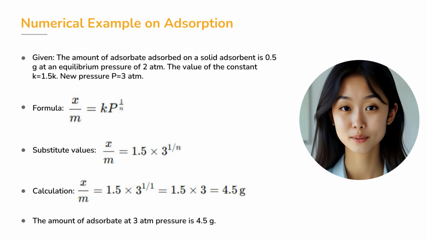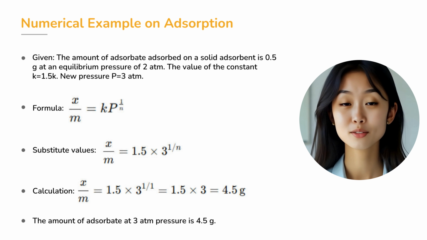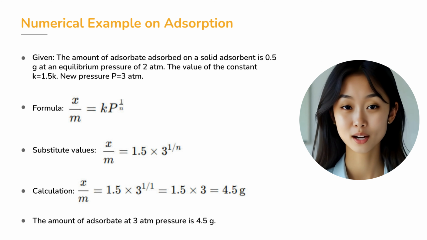Since n is 1, this simplifies to x/m = 1.5 times 3. Now, calculating that, x/m equals 4.5 grams. So, at a pressure of 3 atm, the amount of adsorbate adsorbed on the solid is 4.5 grams. And there you have it.